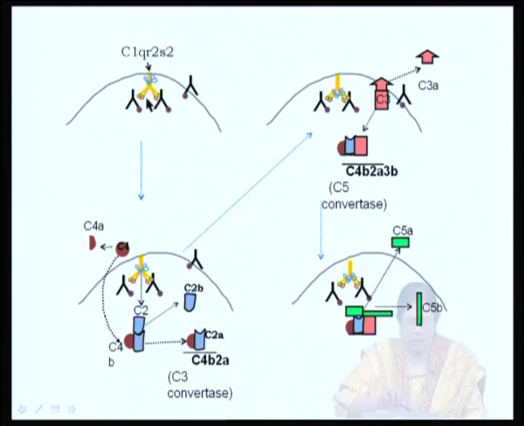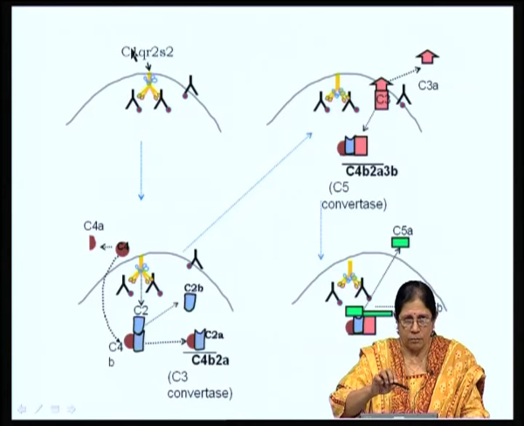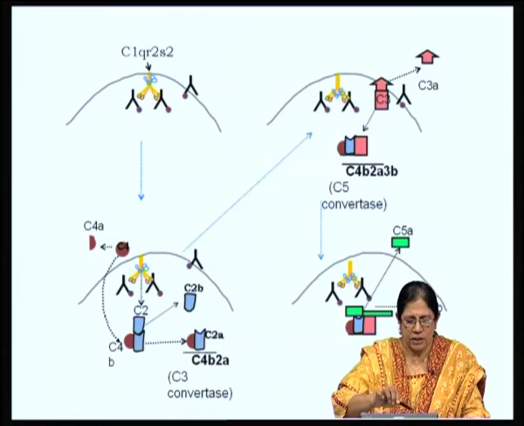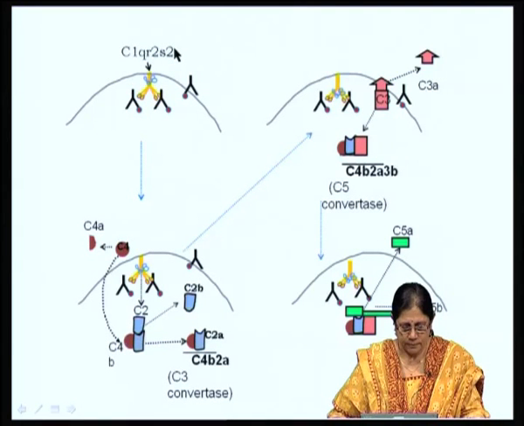There should be at least 2 heads of one C1q molecule such that it can bring about activation of the R2, S2, both of which are serine proteases.